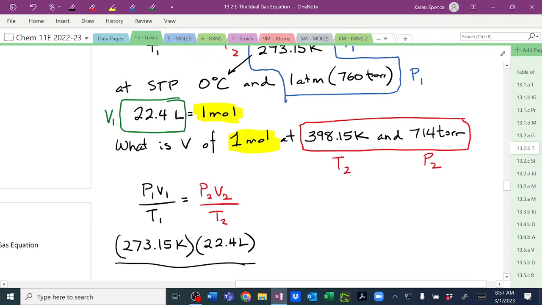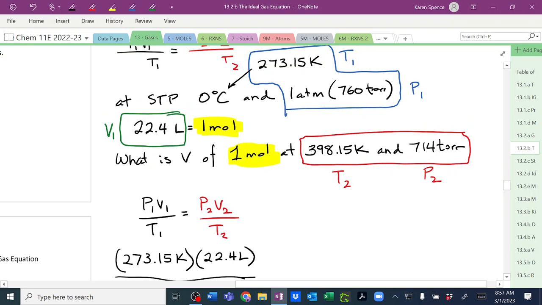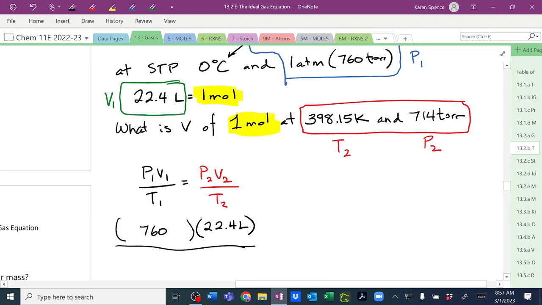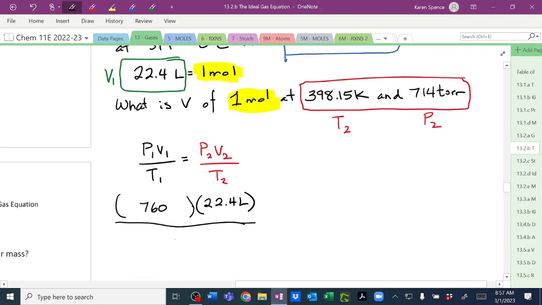Oh, what? Because my brain is not working very well. That would be why. So that would be 760 torr, and that would be 273.15 Kelvin on the bottom. Thank you very much. All right, there we go.